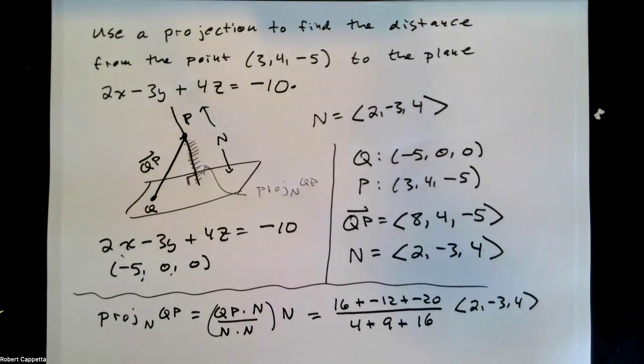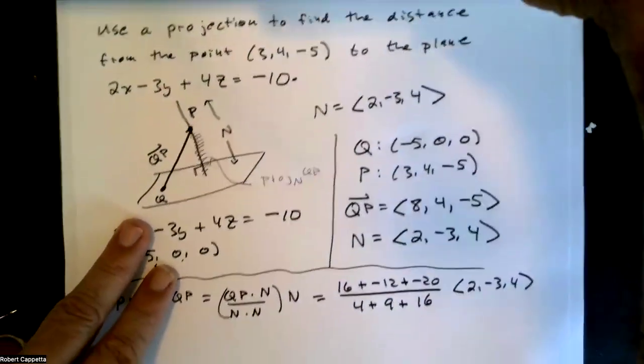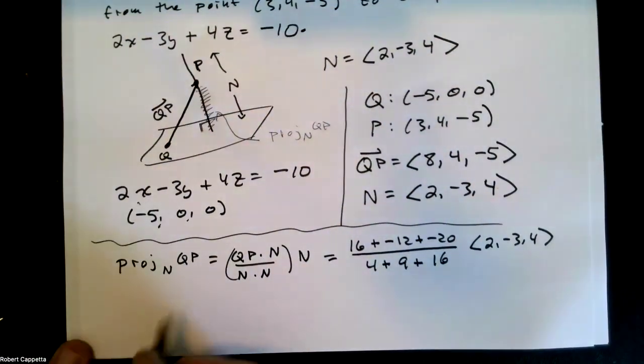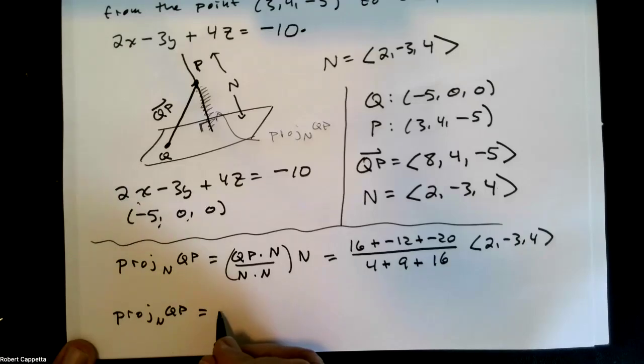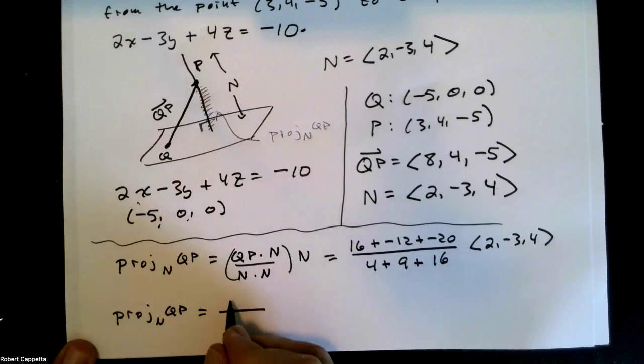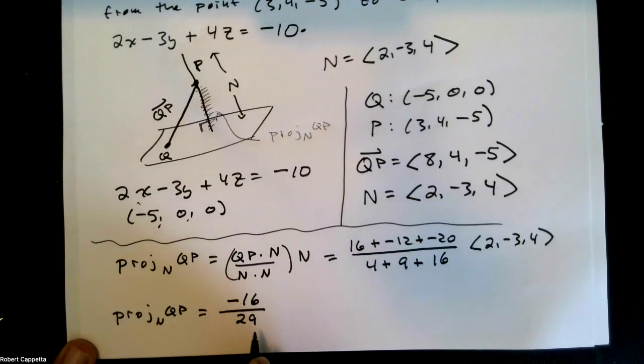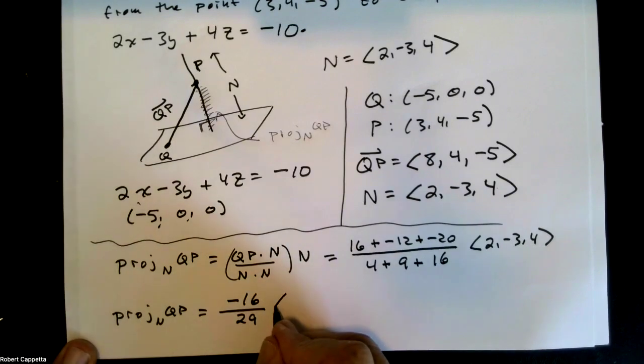So what do we get here? We get the projection of QP onto n equals what? 16 minus 12 is 4. Minus 20 is negative 16 over 29 times 2, negative 3, 4.